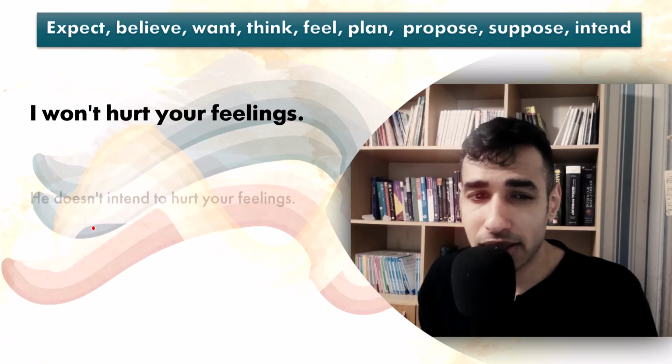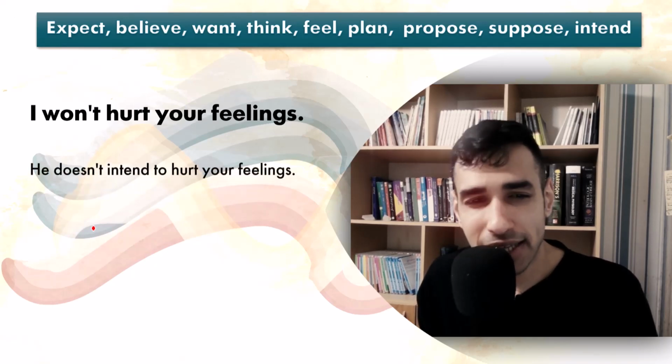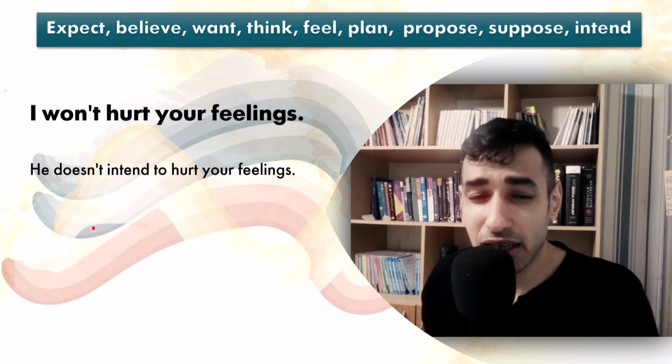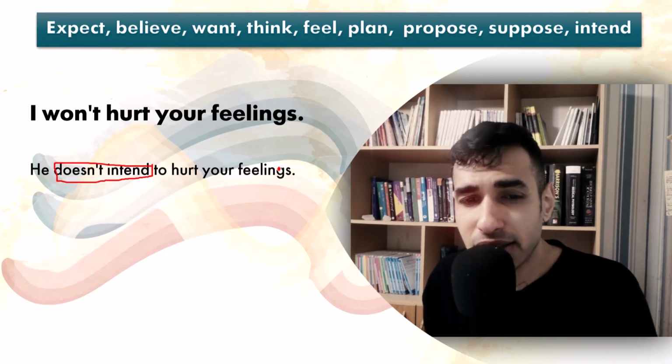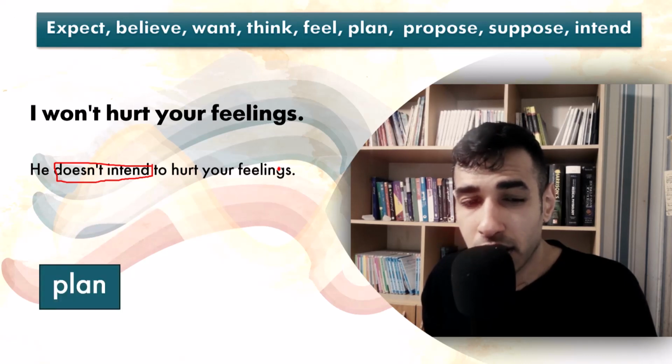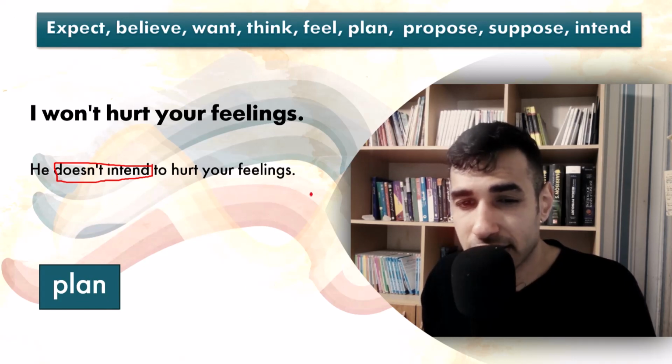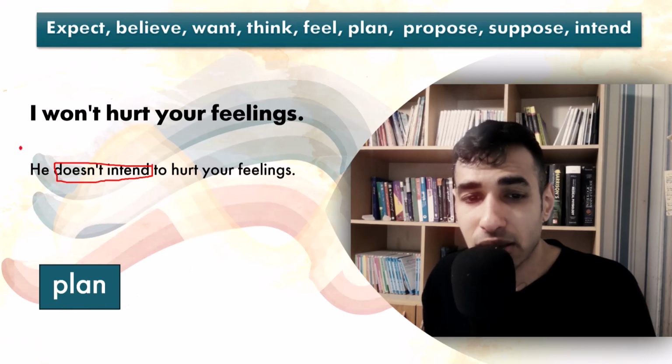A negative statement with the verb intend: he doesn't intend to hurt your feeling, so my reporting verb is negative. The following is positive. With the verb plan, he doesn't plan to hurt your feelings.